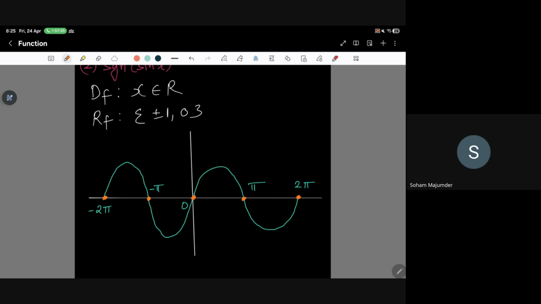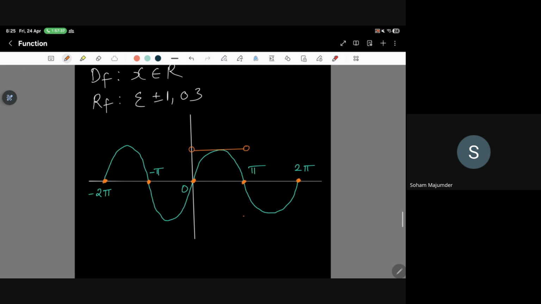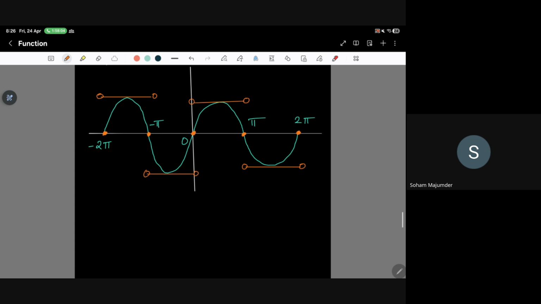So this is the value of the signum. Same goes for here. So these lines have the graph of the signum.